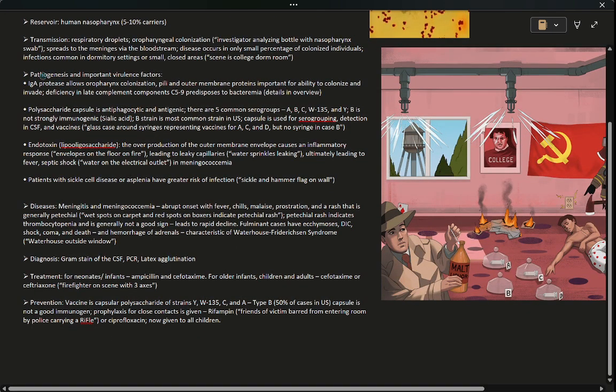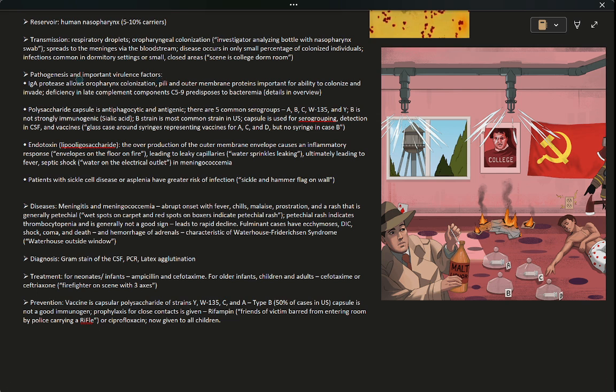Anyways, let's talk about the pathogenesis and important virulence factors. For starters, we have the immunoglobulin A protease that allows for the oropharynx colonization.